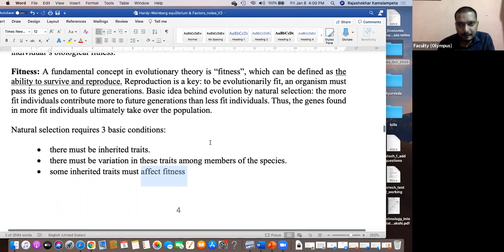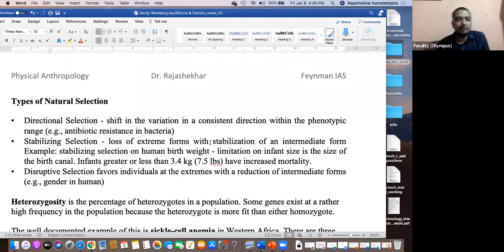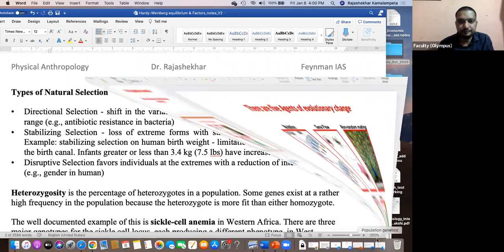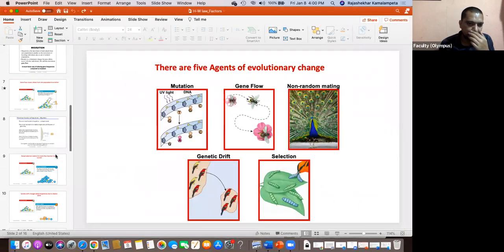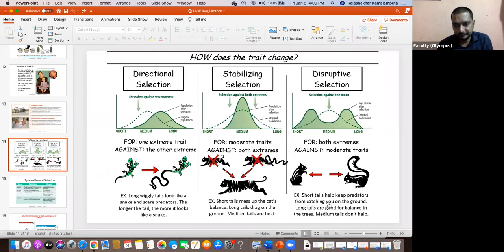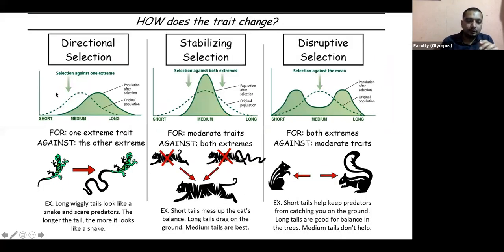Okay. There are three types of natural selection. I just want to briefly explain this to you. I'm showing this to you in an image, which will be easier for you to follow. This image nicely explains it. So natural selection can be directional, stabilizing, or disruptive selection.